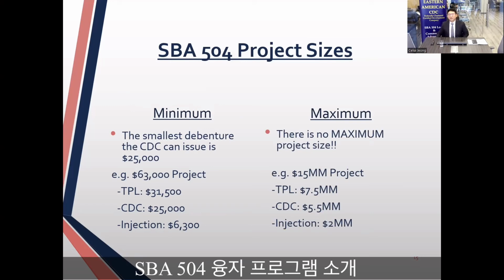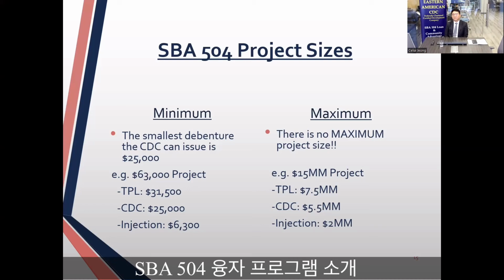This is a deal I did when I was at Rothschild Bank in Manhattan. One restaurant owner purchased another restaurant building on 32nd Street. The purchase price was $15 million, and TPL. At that time, I was a Rothschild SME manager, so I was TPL.